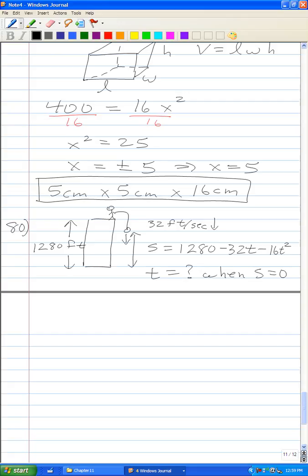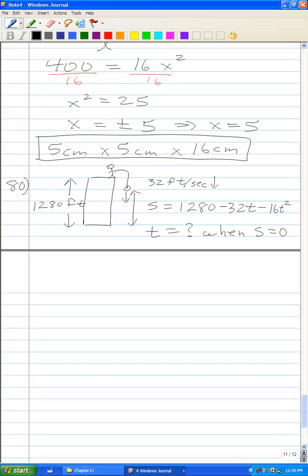So let me do that. And so I want to figure out when 1280 minus 32t minus 16t squared is equal to 0. Well, let me divide every term here by negative 16.